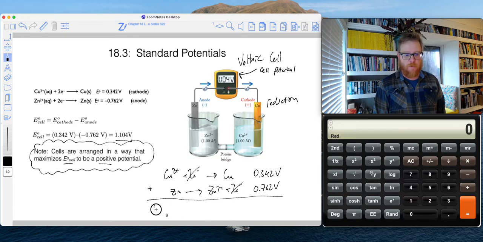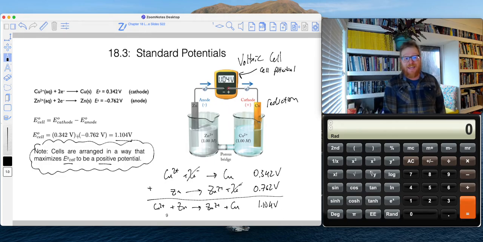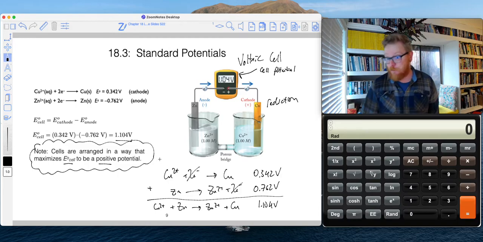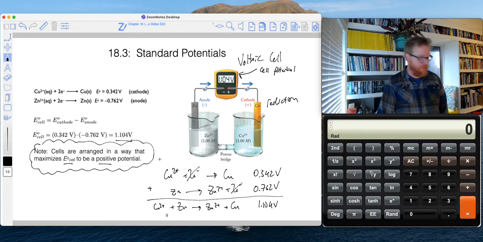I'll have my total balanced reaction, copper 2 plus plus zinc metal makes zinc 2 plus plus copper metal. Then I would just add the potentials together to get my 1.104 volts. So either way, I get the same answer.